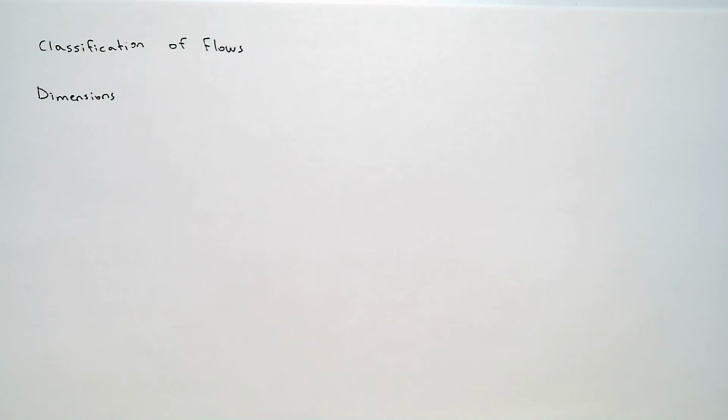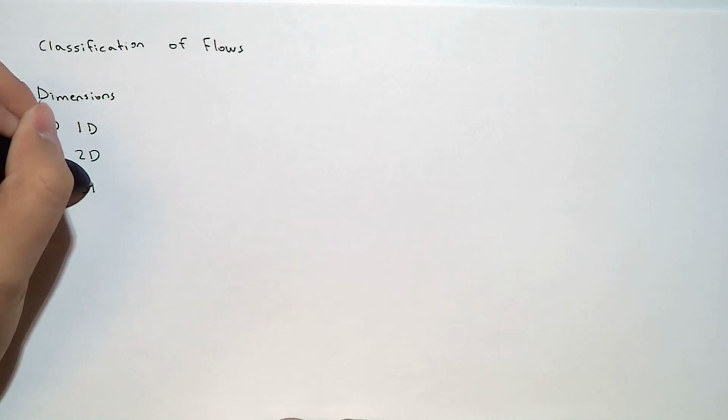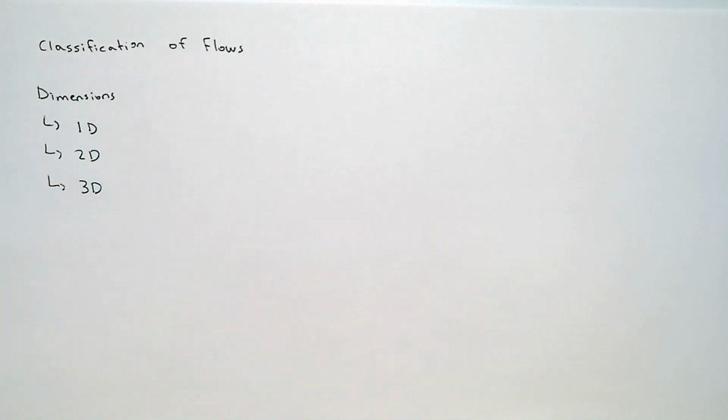We take all of our fluid properties that will determine our depth and our width of flow and simplify them to be variables of other fluid properties, such as depth and flow rate relationship, width, and the topography of the flow. And so all of our fluid properties then point in 1 dimension. So when we're looking at dimensions, we're looking at either 1-dimensional flows, 2-dimensional flows, or 3-dimensional flows.